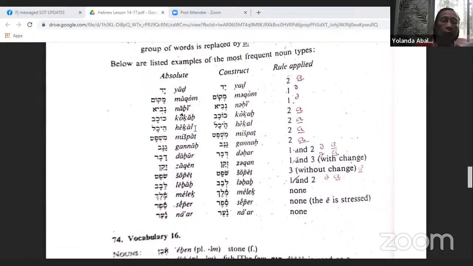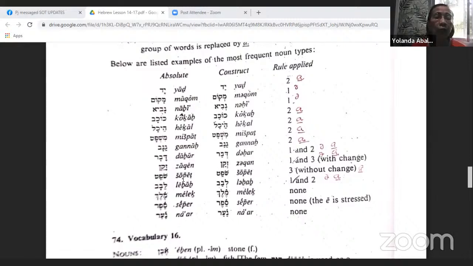Hikal, temple. Hikal, temple of. Mishpat, judgment. Mishpat, judgment of. Ganab, the thief. Ganab, the thief of. Davar, word. Dibar, the word, a word of. Zakin, an old man. Zikan, old man of.